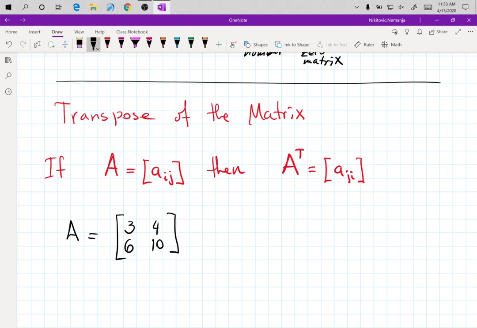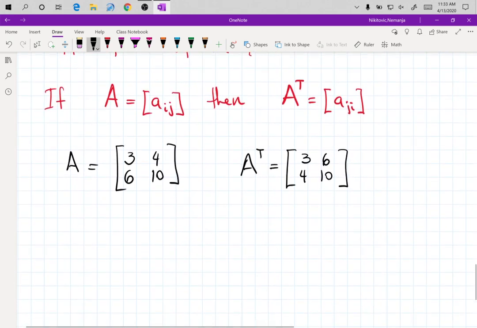Diagonal stays the same because A sub ij is the same as A sub ji. So the transpose would be 3 and 10 stay where they are, and 4 and 6 would swap their places because it's transpose, right?